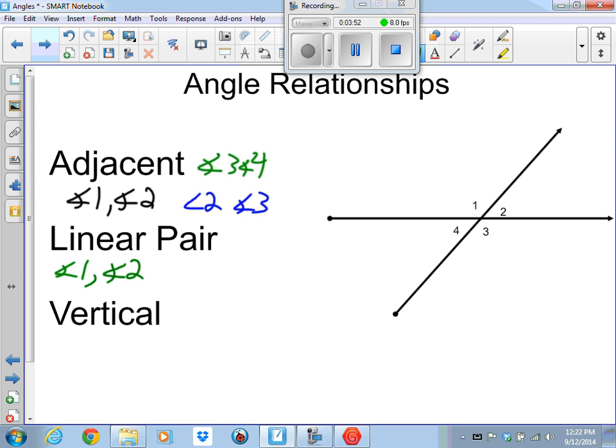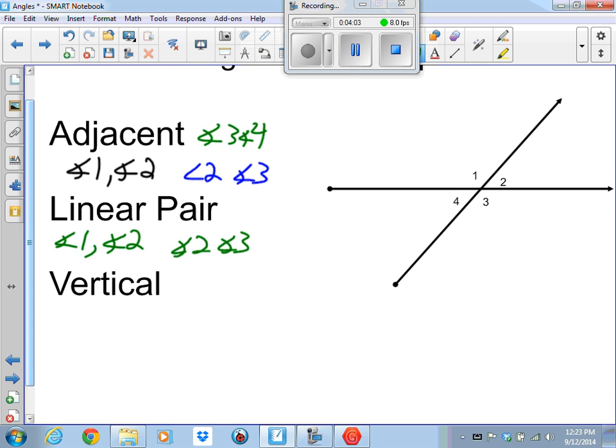They create a line. It's the same thing for angle 2 and angle 3, 3 and 4, and 4 and 1, if you want to do some more. Vertical angles would be angle 1 and angle 3, and then 2 and 4. So angle 2 and angle 4 are vertical as well.